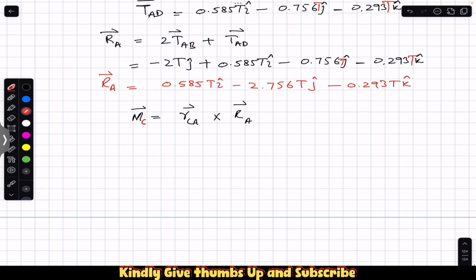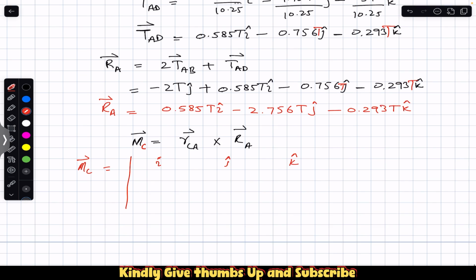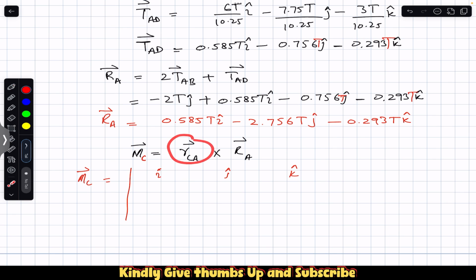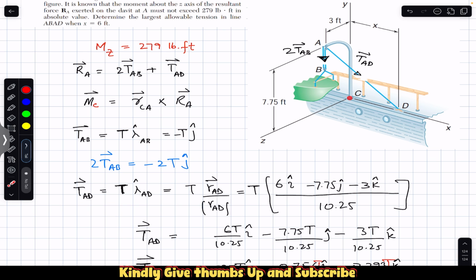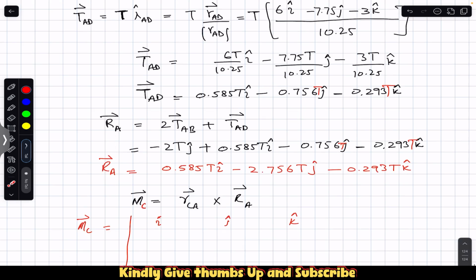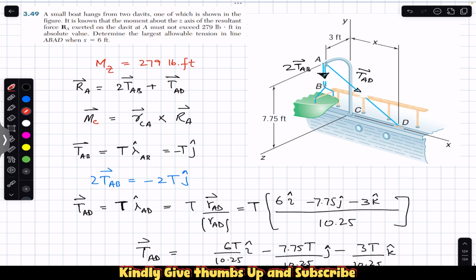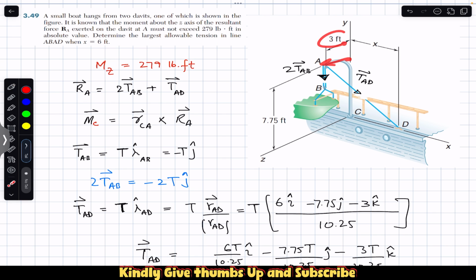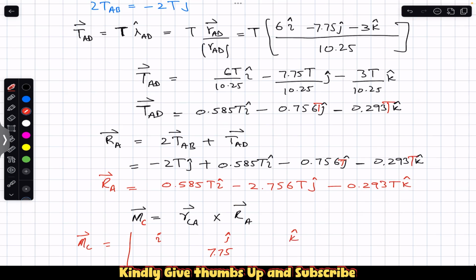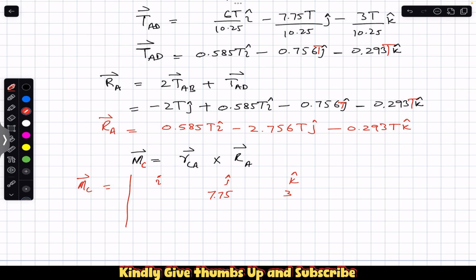So we can say that the moment about point C in the determinant form will be I, J, and K, and then the position vector from C to A. So we have to find the components of the position vector from C to A. As you can see, from C, we need to travel 7.75 in the positive Y, that is in the positive J. So the J component will be 7.75 feet. And similarly, from there, we need to travel 3 feet in the positive Z, that is in the positive K. So 3 feet in the positive K. And there is no need to travel in the X. So the I component of the position vector from C to A is equal to 0.